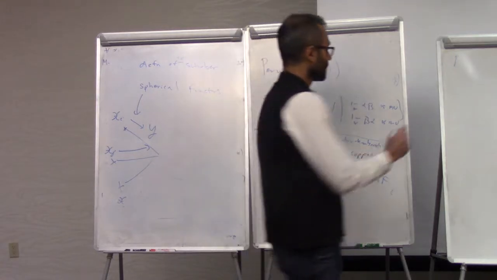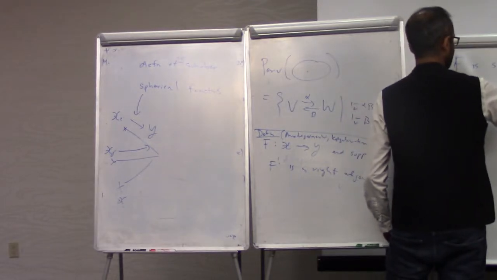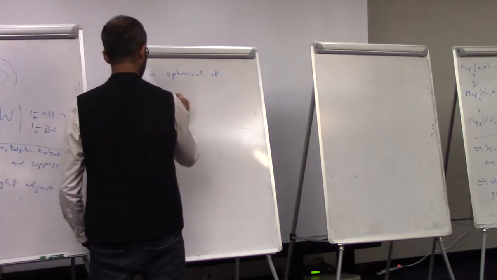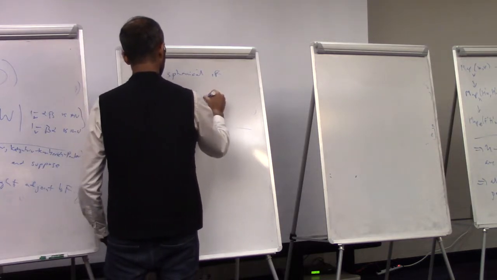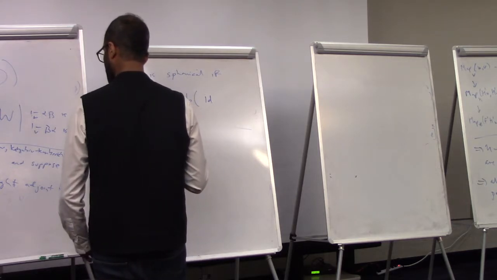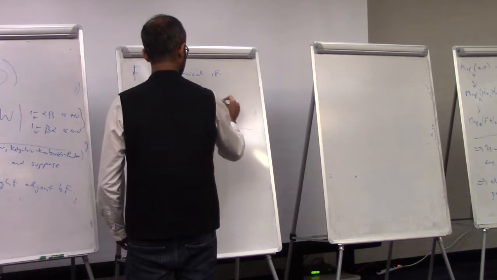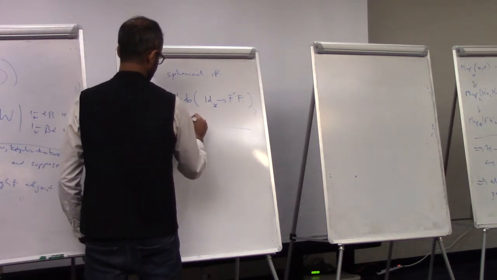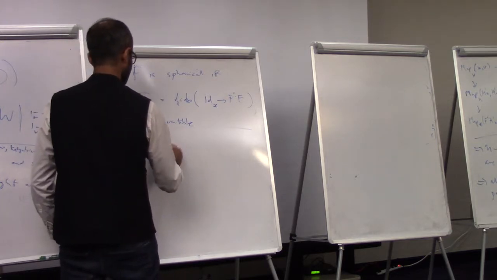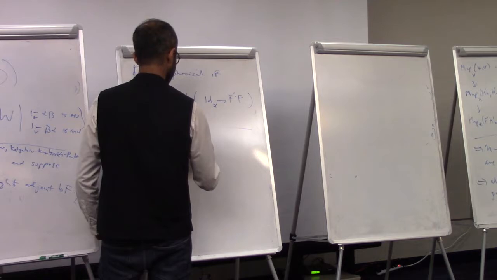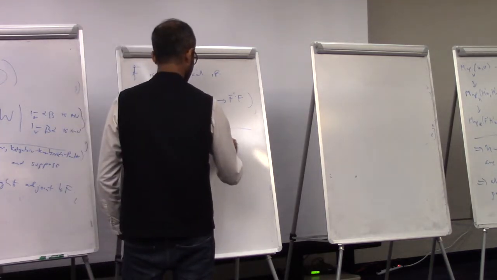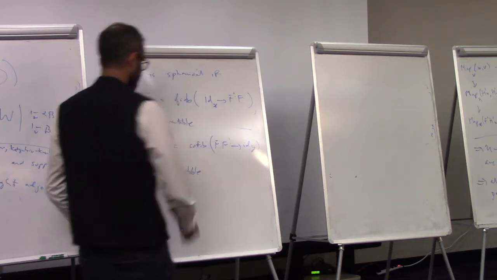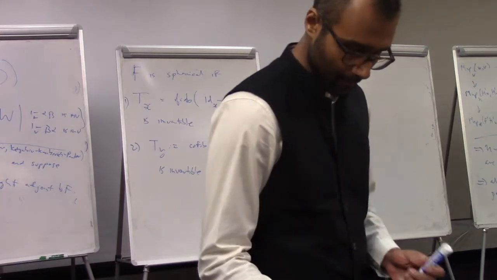Then f is spherical if the homotopy fiber T_X of the map from the identity functor on X to f upper shriek f is invertible as a functor, and T_Y, which is the fiber of f f upper shriek mapping to the identity on Y, is invertible. So that's the definition.